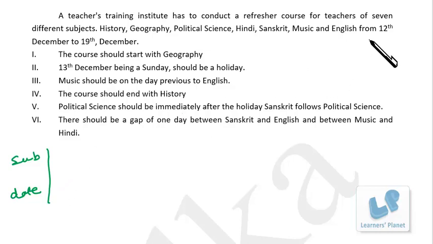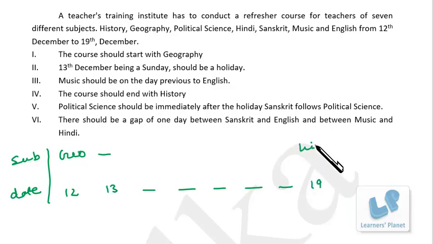So on 12th geography, 13 December Sunday. Okay, music should be on the day previous to English. The course should end with history. 12, 13, 14, 15, 16, 17, 18 and 19. So that is history.